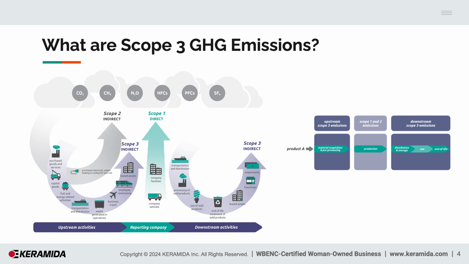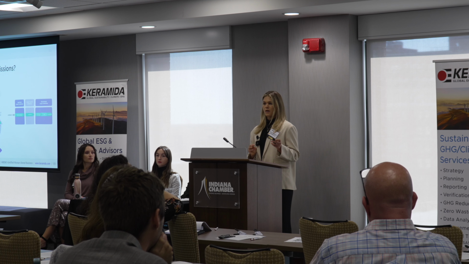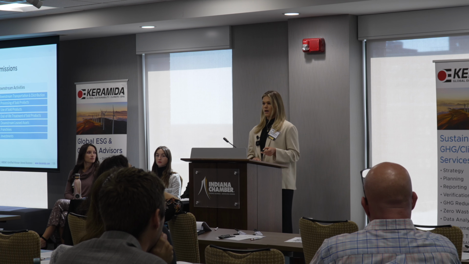And then the Scope 3 upstream activities are really all of the activities that your company is spending money on. So your suppliers, there's a few categories in here that aren't directly related to a product or service, such as employee commuting and business travel. But the remainder of the categories, really, if you think about emissions at a product level, they pretty much follow the life cycle of a product pretty nicely.